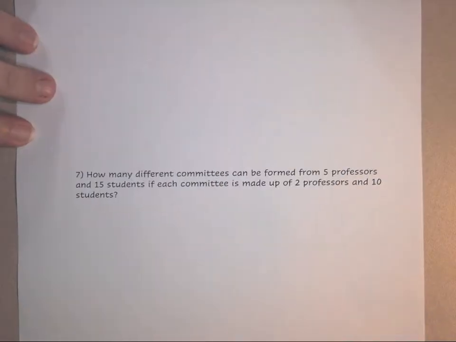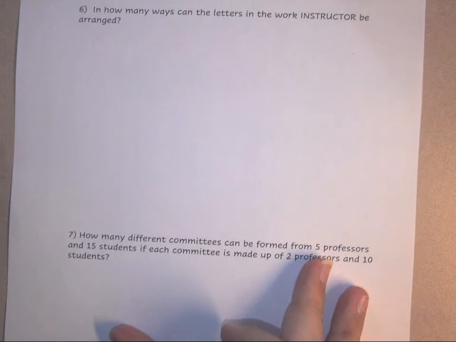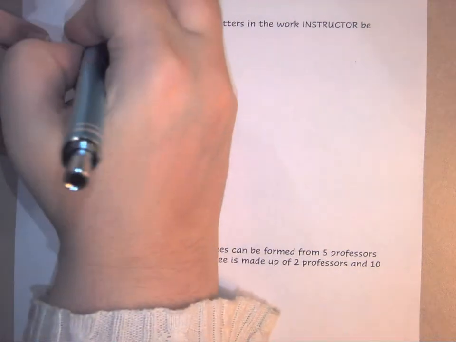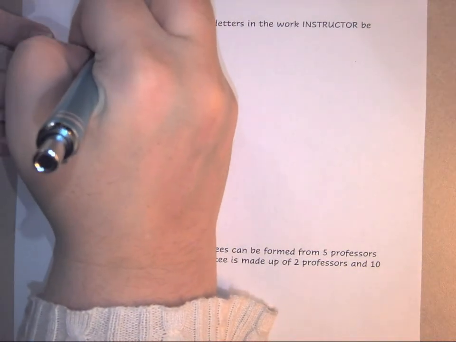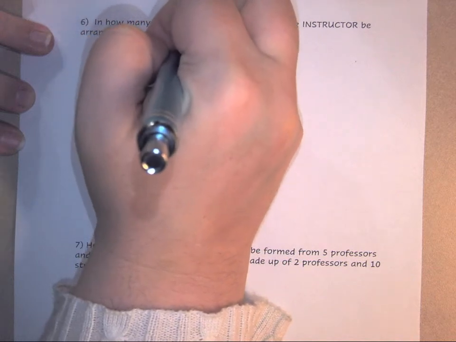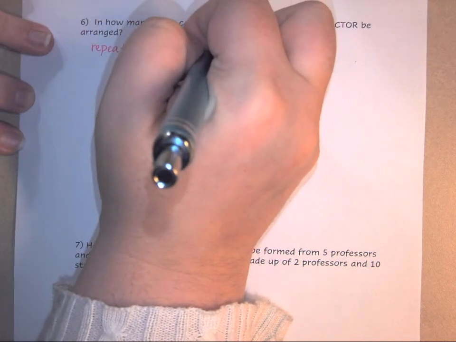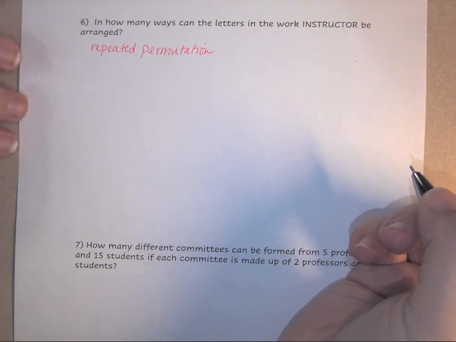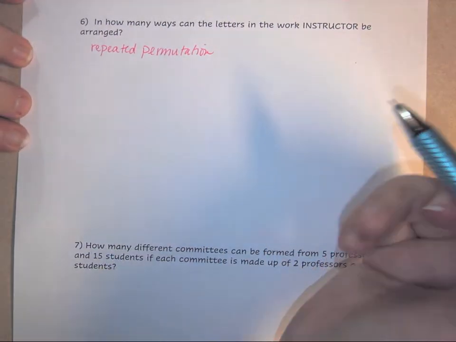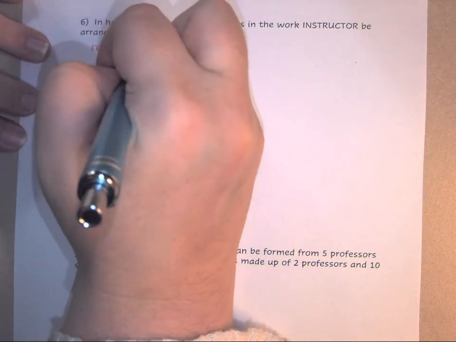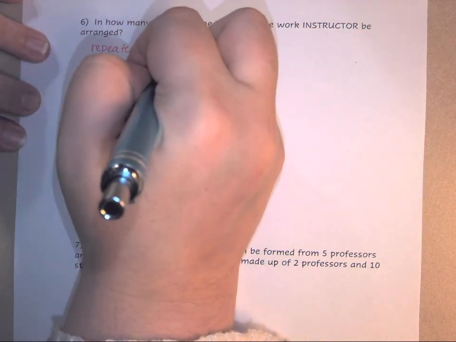Alright, let's look at just a couple more here. The first one says, in how many ways can the letters in the word instructor be arranged? So this is called a repeated permutation. A repeated permutation says we need to know first how many letters we have. So my n is the number of letters in my word.